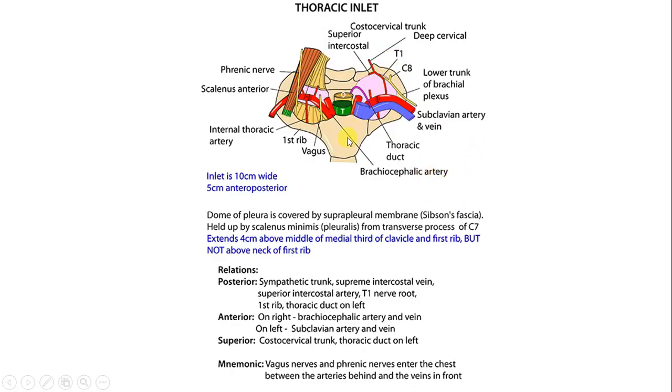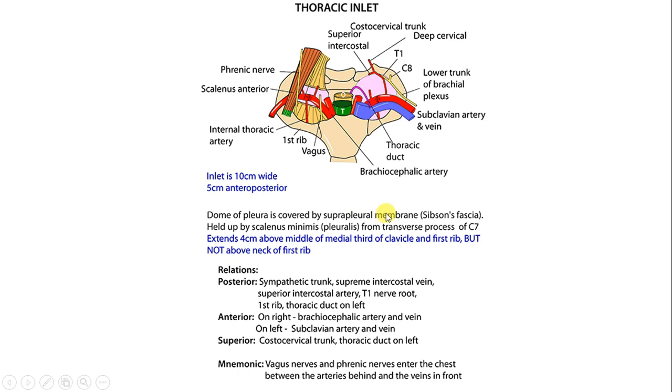Another diagram showing the thoracic inlet. The dome of the pleura is covered by the suprapleural membrane, which you have seen in the previous slide, and here is the thickening of the fascia, that is Sibson's fascia, the endothoracic fascia which is covering this membrane.